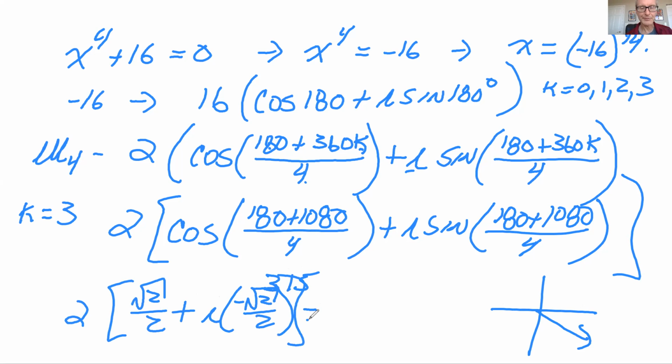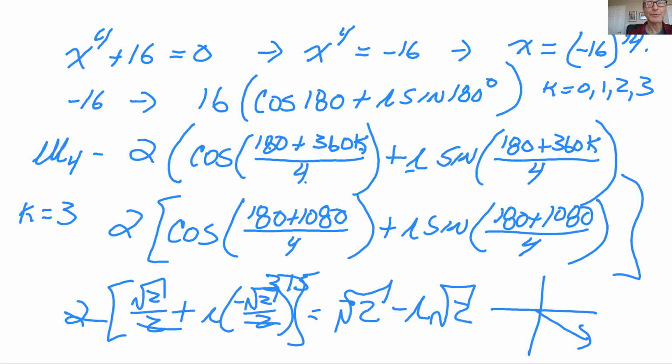And so that would simplify to 2. These cancel again. And so it'd be square root of 2 minus i square root of 2.